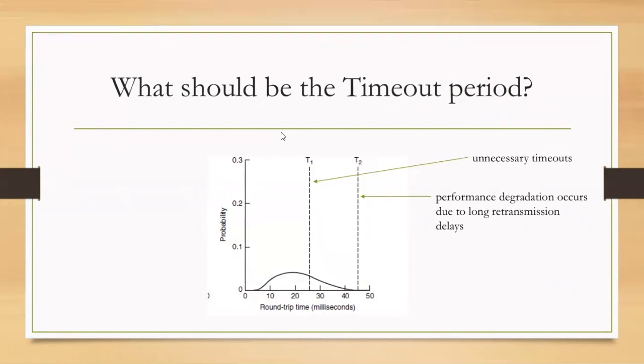It is not so simple, because there may be congestion, there may be less buffer at the receiver, and many other things. In this diagram, we are plotting the round trip time and the probability. This is a probability density function of the round trip times in the transport layer. As you can see in the diagram, the round trip time can go over a wide range of values, from here to here.